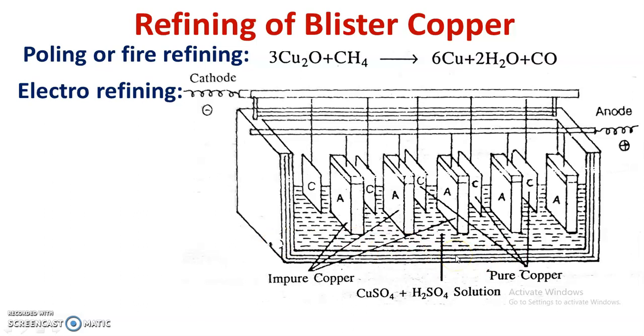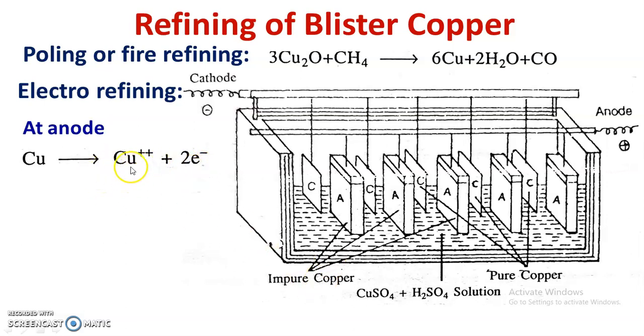Now here the aqueous copper sulfate solution acidified with sulfuric acid is used as an electrolyte. As soon as current is passed between the anode and cathode, there is an oxidation at the anode, and during this oxidation reaction metallic copper is converted into cupric ions, with a loss of electrons.